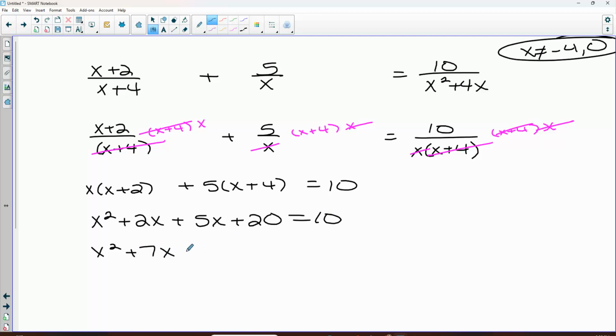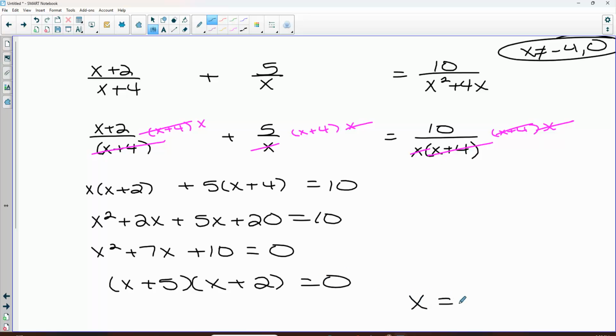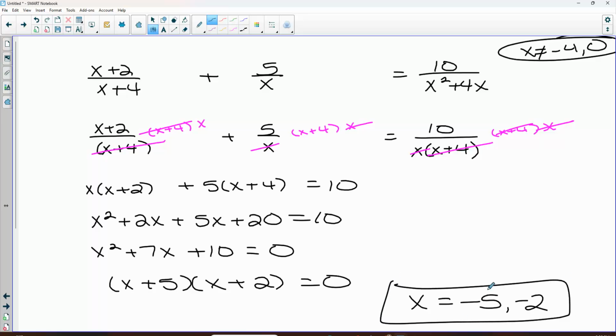If I subtract over my 10, what does that factor into? And we solve and get -5 and -2. Quick check, we couldn't have -4 or 0, so both of these are okay. If one of them wasn't, we throw that answer out. So that's our recap on equations. Are we good with those?